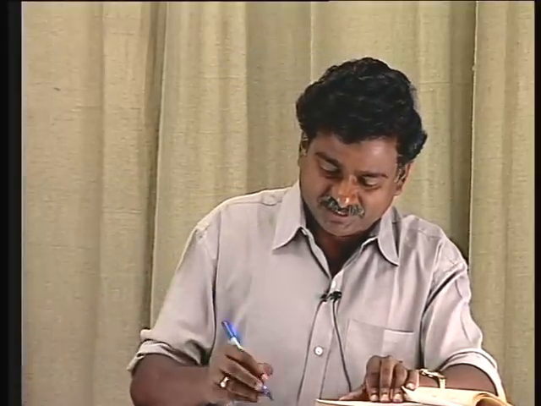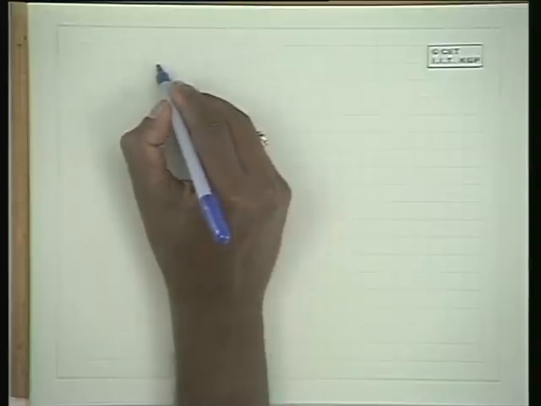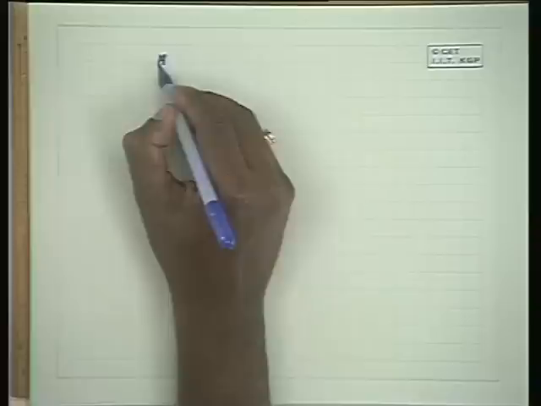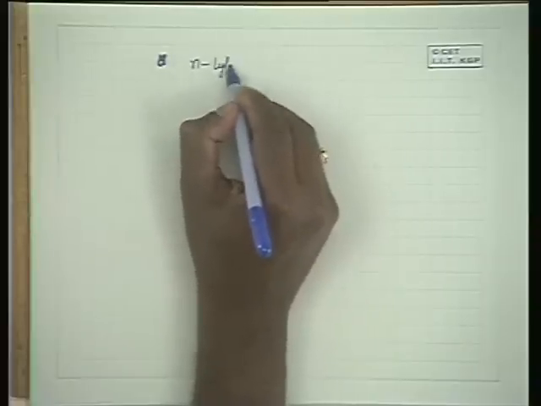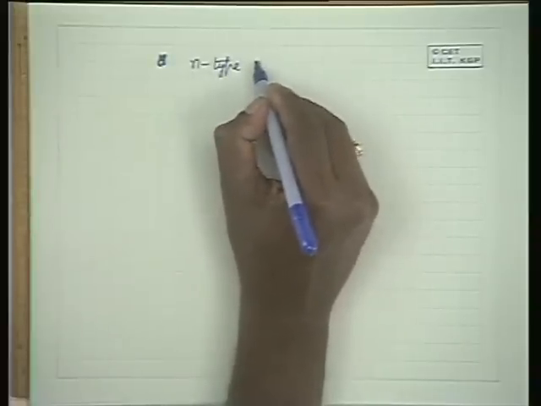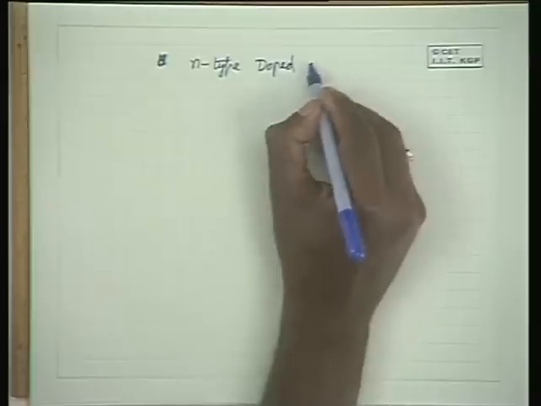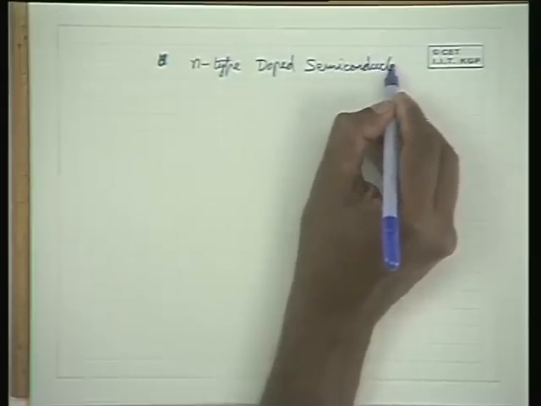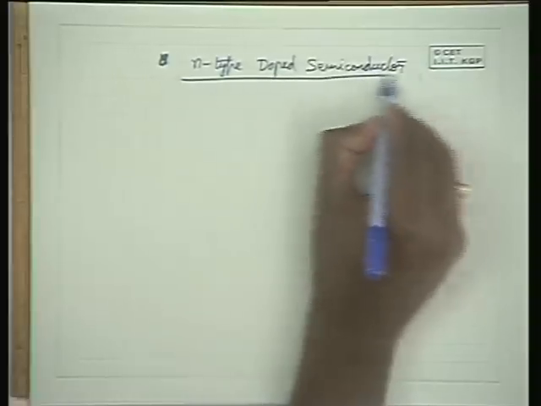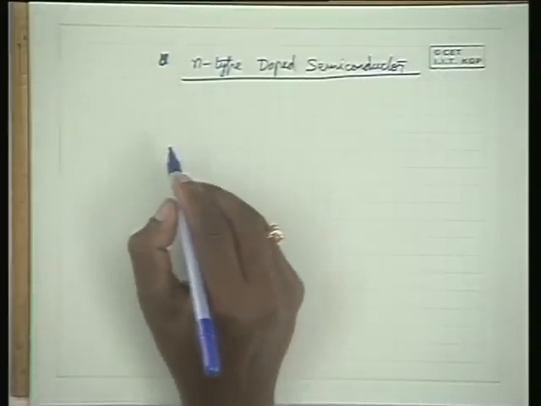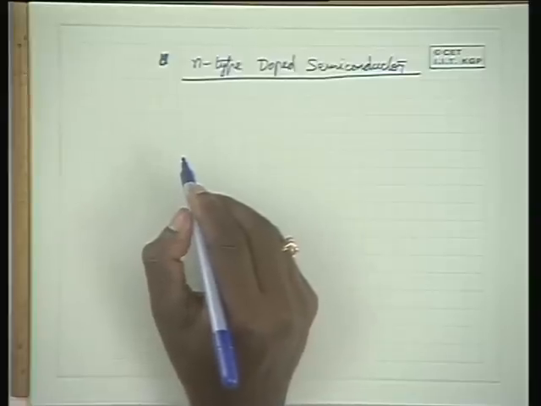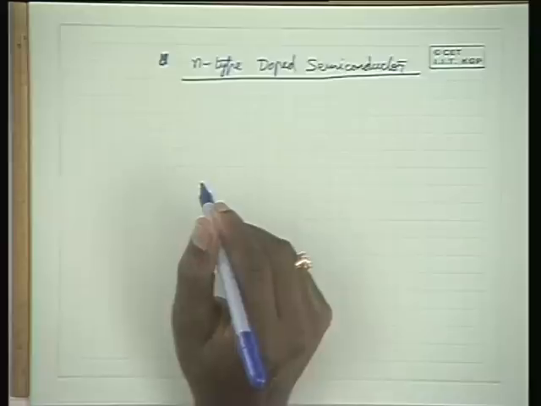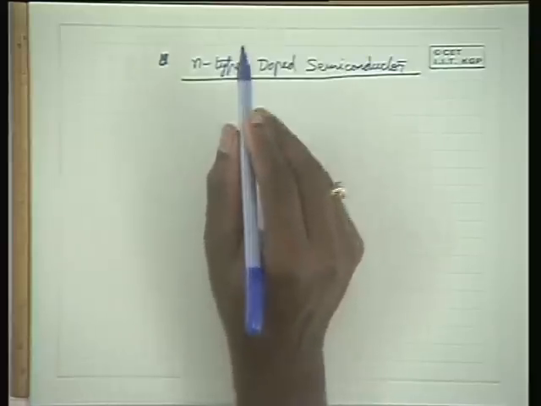So let us consider an N-type doped semiconductor. An N-type doped semiconductor forms when you add a pentavalent material to a tetravalent semiconductor.